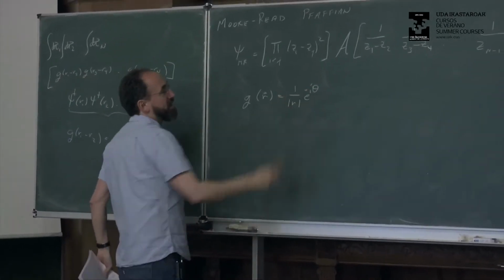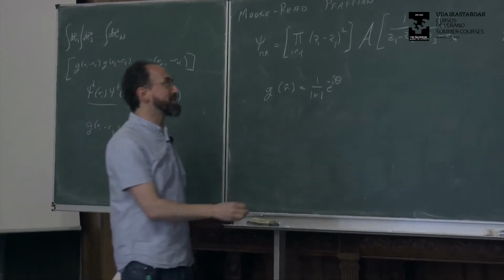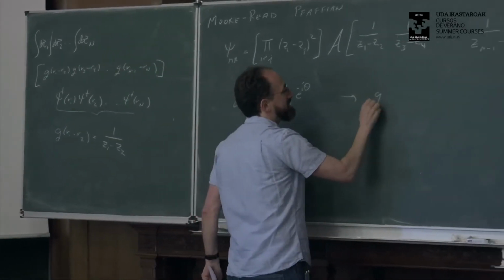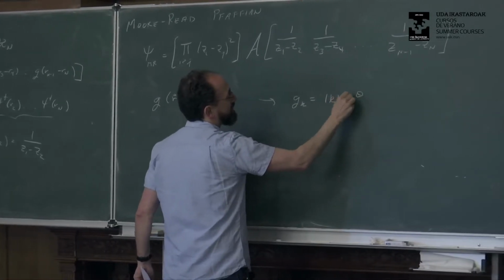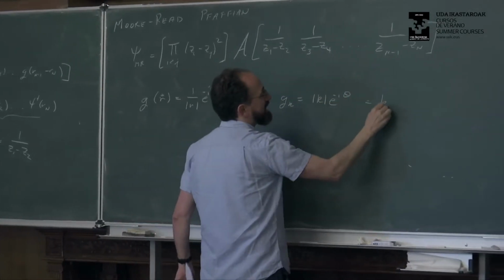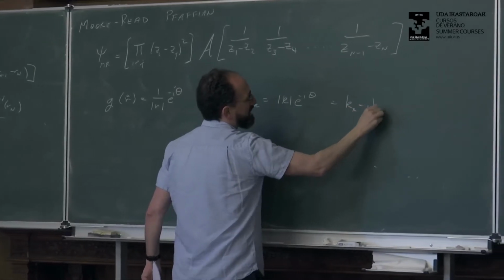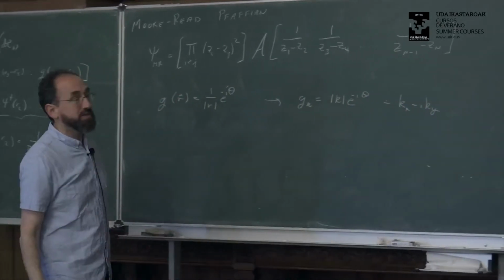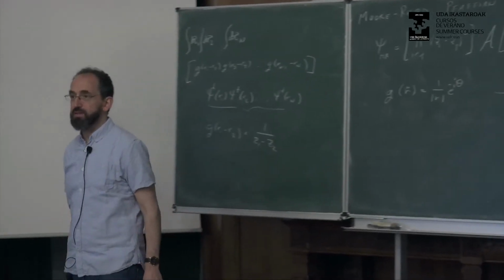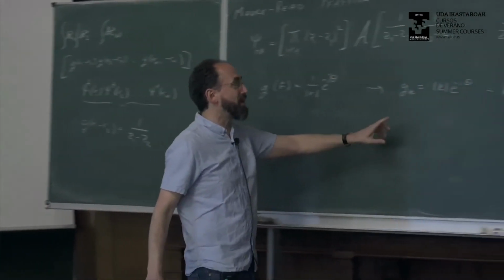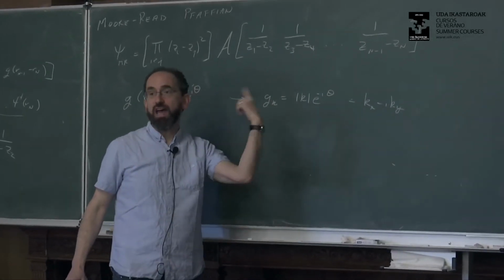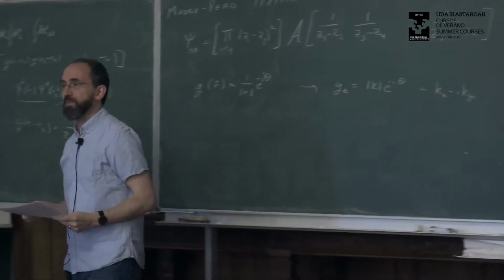And if we Fourier transform that to g of k, this gives us g of k is absolute k e to the i theta, probably with the same minus sign. And this would be a kx minus i ky superconducting order parameter. This is how we define a superconducting order parameter to be kx minus i ky. The phase of the wave function has to wrap as you go around by 2 pi. OK?